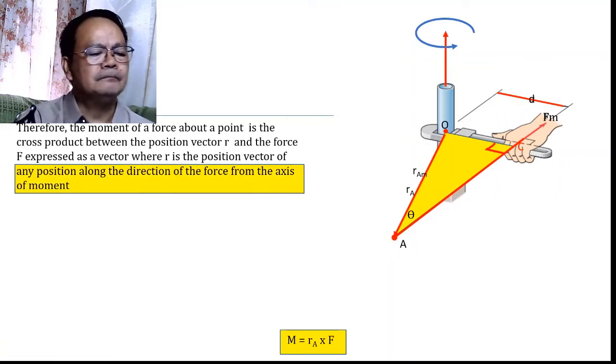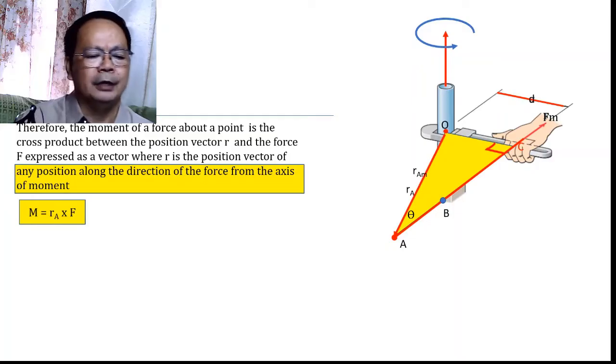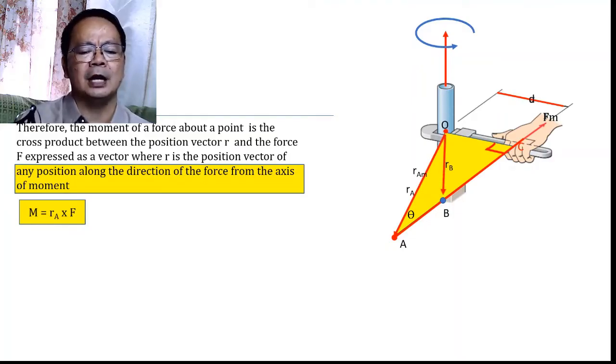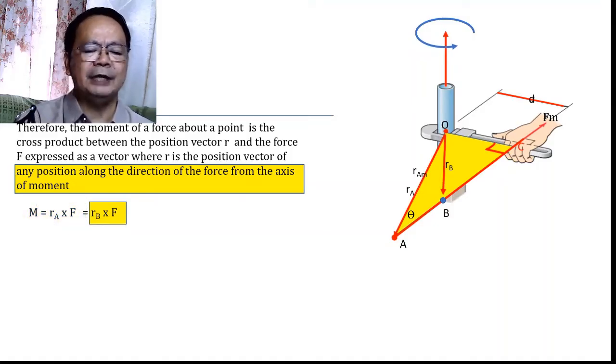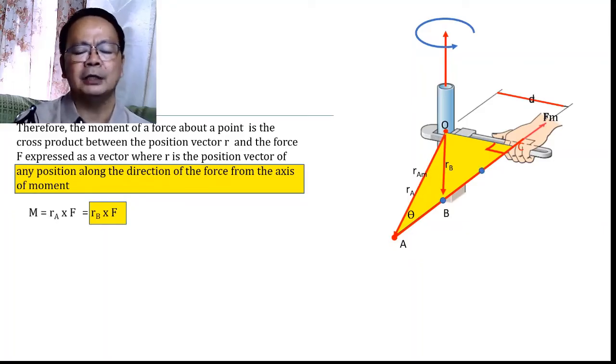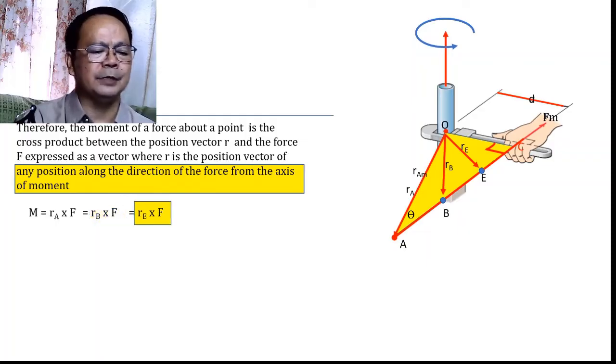Say for example, we have here point A, therefore the moment shall be R sub A cross F. But if we wanted to select another point, say for example point B, this B would have a position vector from O, defined by this R sub B. Hence, by the generalization, the moment shall be equal to R sub B cross F. Even if we selected another point, say point E, that E would have a position vector from O, which shall be called R sub E. Hence, the moment will also be defined as the cross product of R sub E cross F.